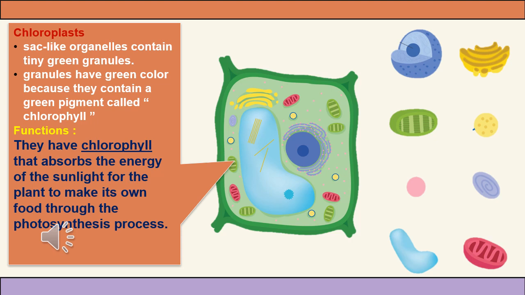Repeat after me, chlorophyll. Do you know what's the function of the chlorophyll? Super, it absorbs the energy of sunlight for the plant to make its own food. Also, it gives the plant its green color.